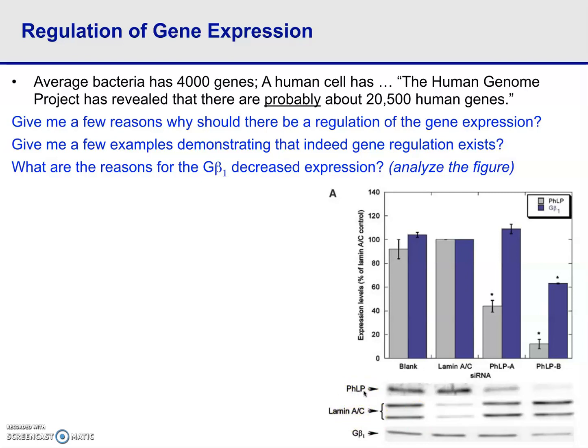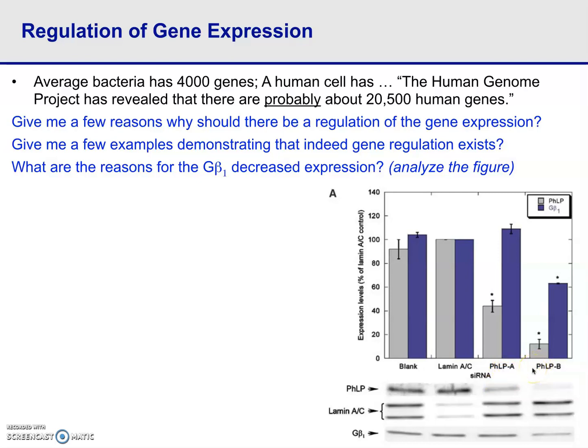One way to study the function of a gene is by knocking it out completely, or by knocking its expression down, or silencing it a little bit. And in this case, we used two different small interfering RNAs. We'll talk about them during our next class, that lead to a differential expression of this gene in the cells.